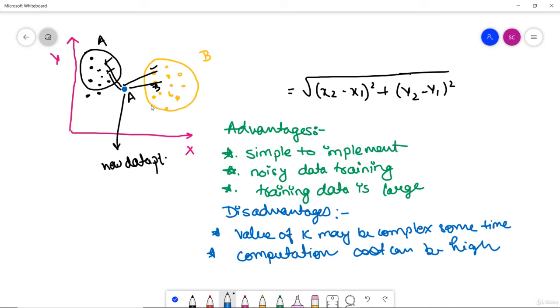Here you can see that I have taken a few points only, but in the original data set there are n number of data points and n number of features of those data also. So the computation cost can be high for calculating the distances.